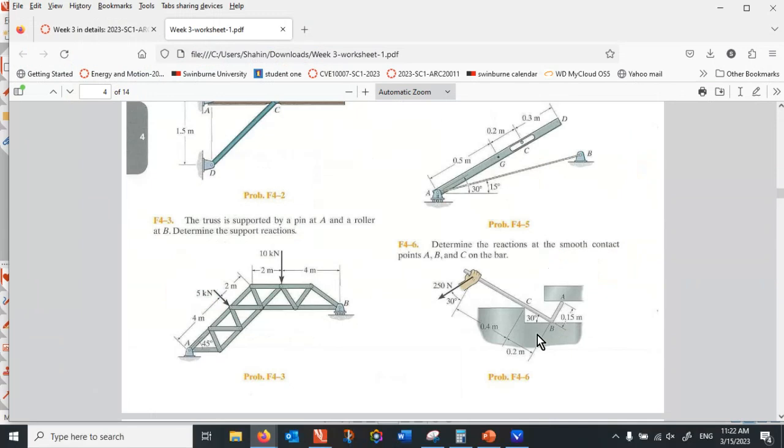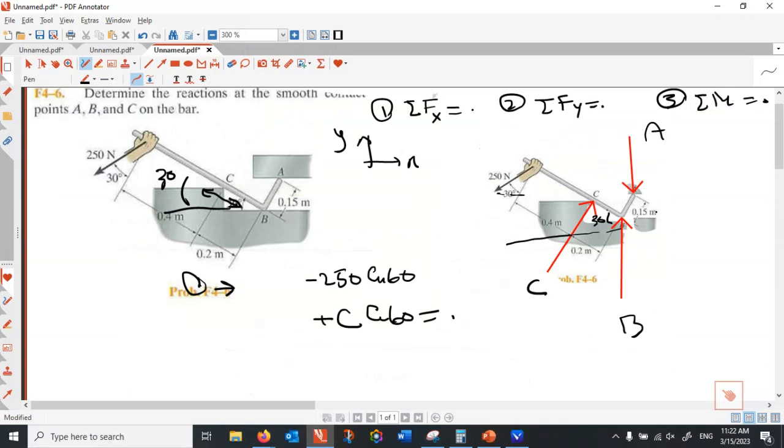Yeah, that is 30 degrees. Let me plot that triangle again. With this triangle, that is 30 degrees, this is 90, that's going to be 60 degrees. So 60 degrees projected horizontally, that is C cos 60.